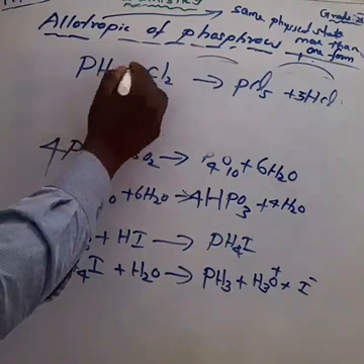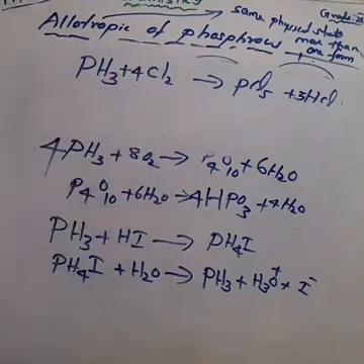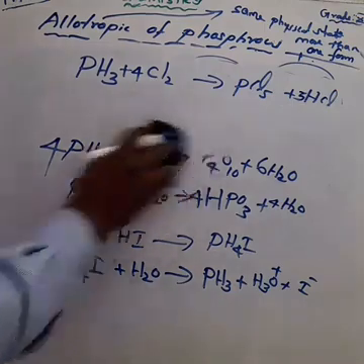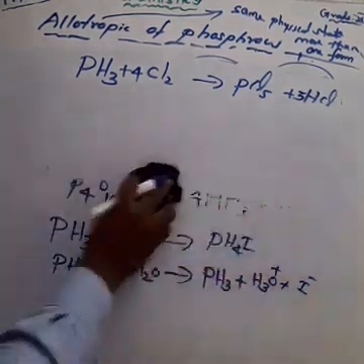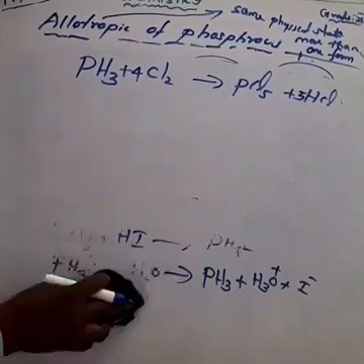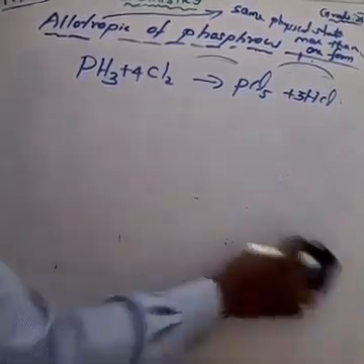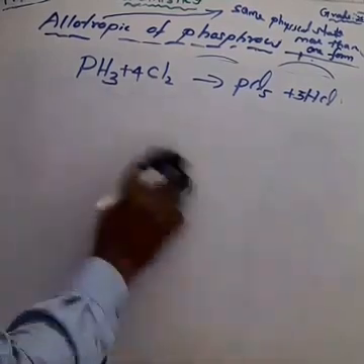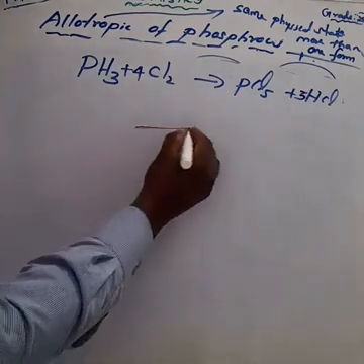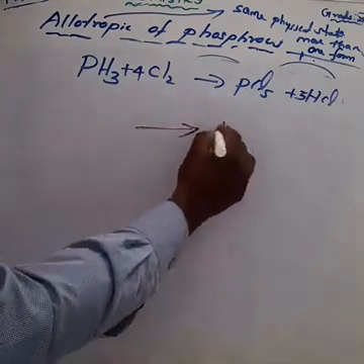One of the important questions: reducing property of phosphine. I am taking one of the silver salts, silver nitrate, which reacts with phosphine. It reduces into silver phosphide. What is the formula? Ag3P.